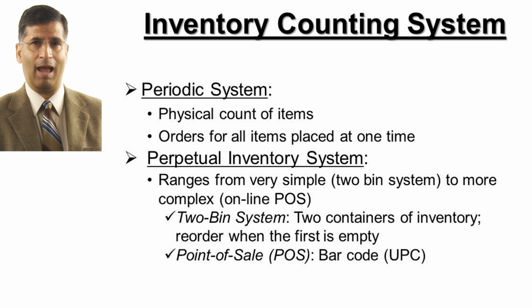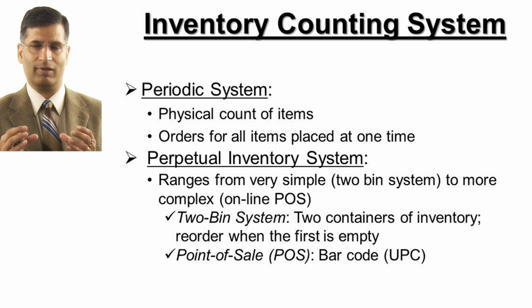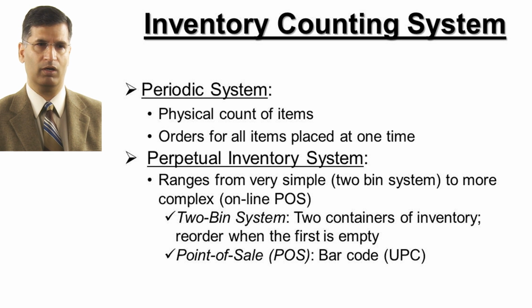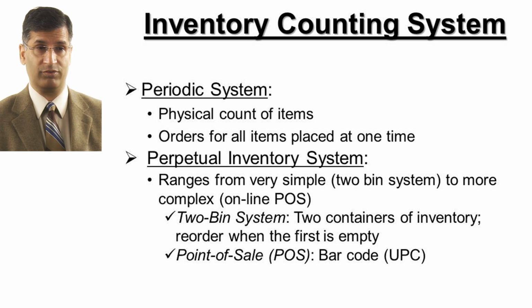What's more applicable and found today is the perpetual inventory system, where the record of inventory is maintained at every moment. There are two types of system. One is known as point of sale, which is a complex system. The other one can be as simple as two-bin system.